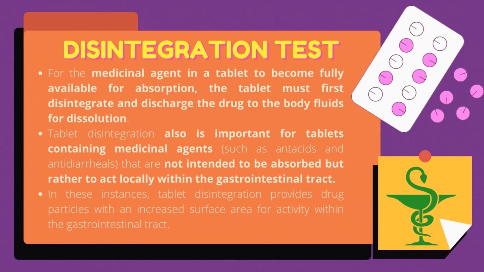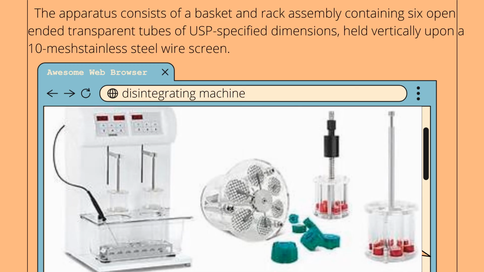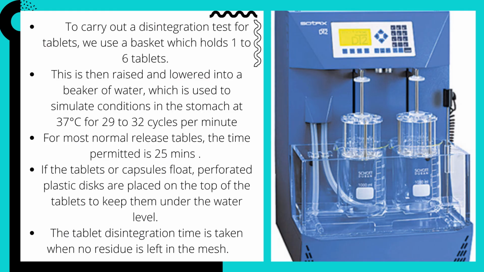Disintegration test. Again, very important to check how your tablet is going to behave once it is inside the body. How much time it will take to disintegrate matters, because unless it is disintegrated, it won't be absorbed into the systemic circulation. This is the disintegrating machine.